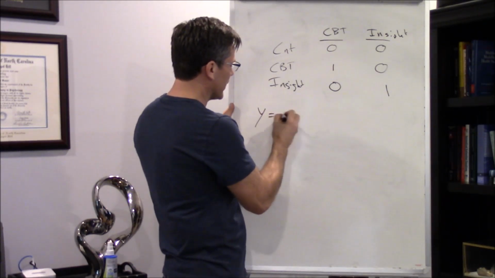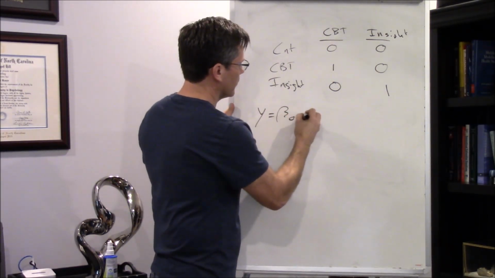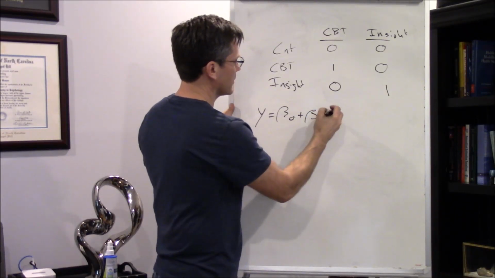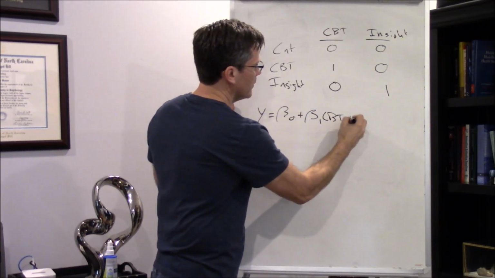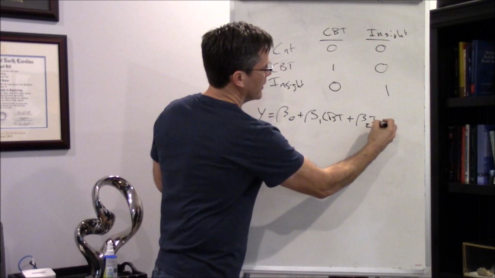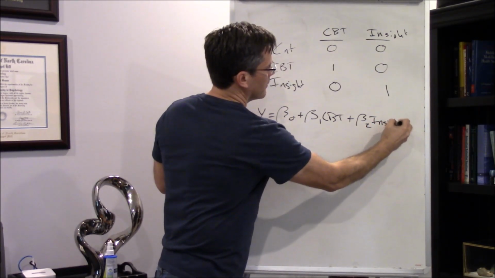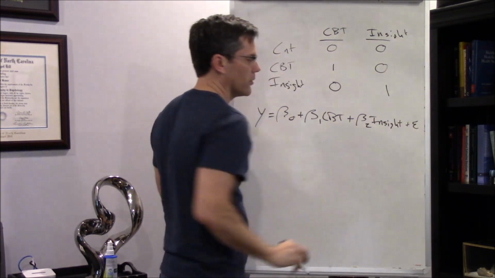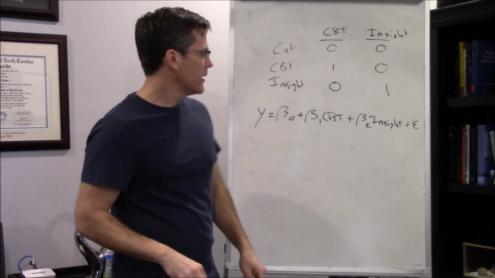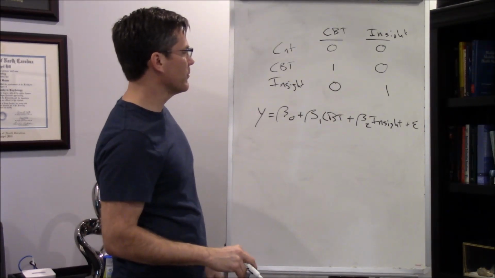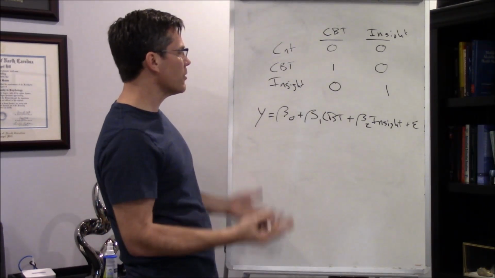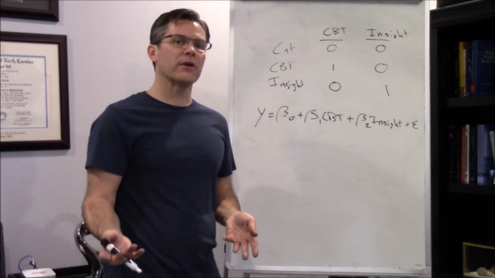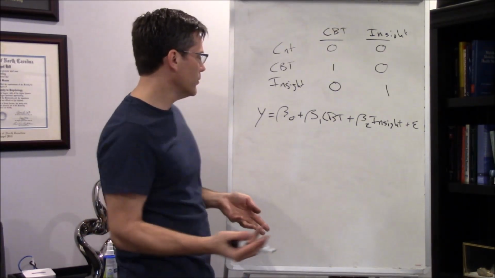Now we can build our regression model. We've got marital satisfaction equal to an intercept plus a slope for CBT plus a slope for insight plus, of course, our usual residual. In terms of interpreting the parameters, it's very similar to what we saw in the 2-group case.